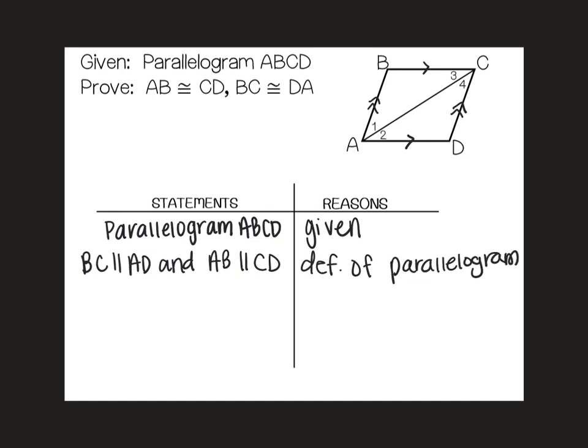Since those are parallel, that tells us, if you forget, that during a proof you're looking for an angle pair. So if I highlight the two that are parallel, and I highlight a line that's touching both of them, you should see how these two angles get outlined completely. So I've outlined angle 2 and angle 3. So angle 2 is congruent to angle 3 because those are alternate interior angles.